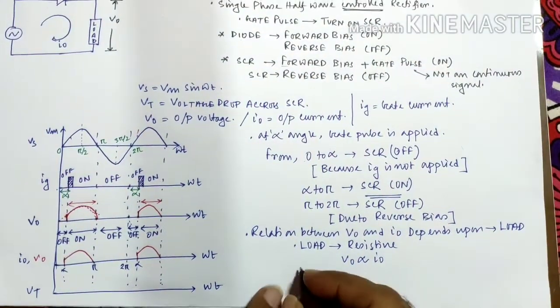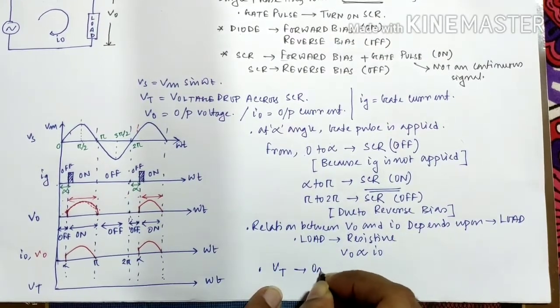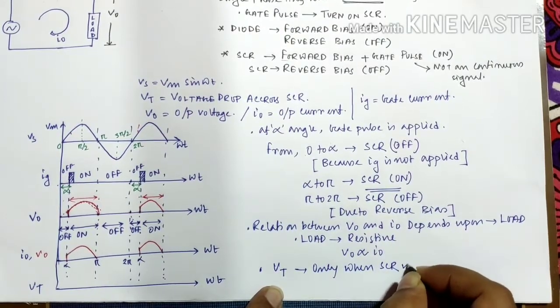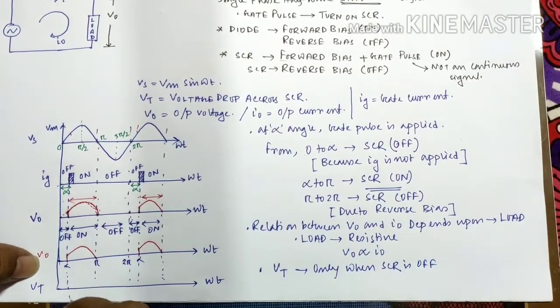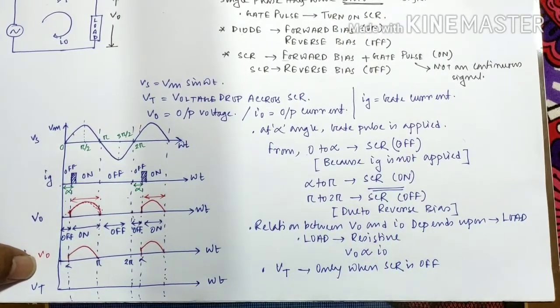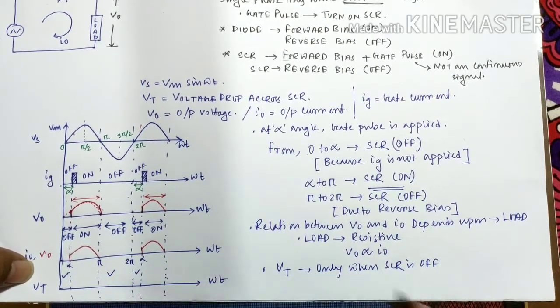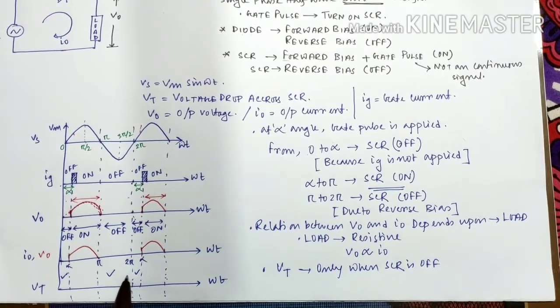So I am writing here Vt we will get only when SCR is off. So from the diagram we can find it easily when SCR is off. So in this position SCR is off, here it is on, here it is off, here it is off, here it is on. So during this particular time period we will get Vt. And what should be the nature of Vt?